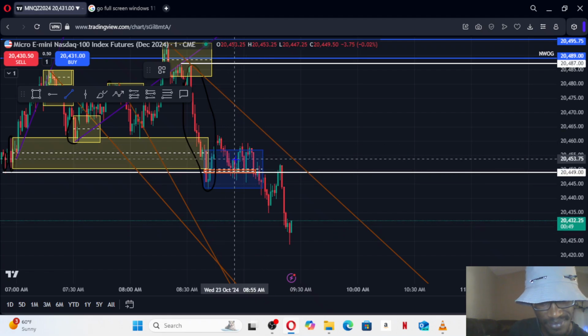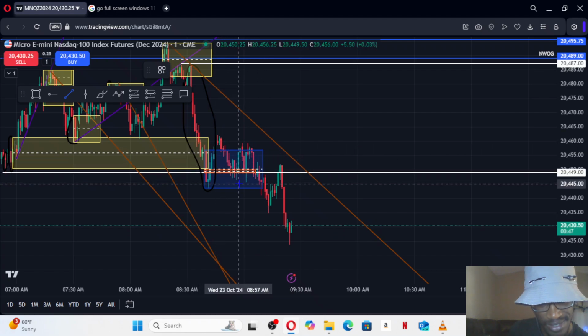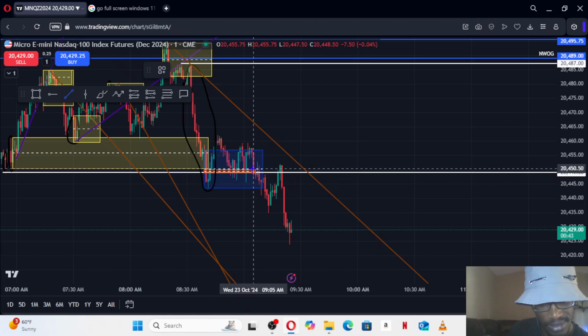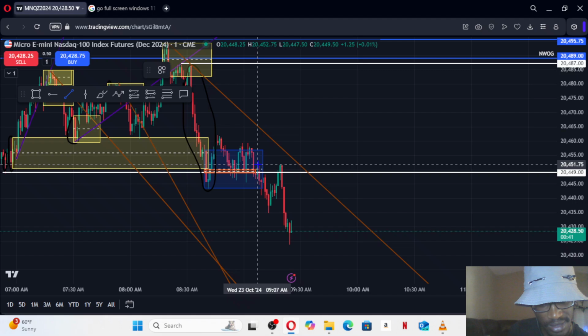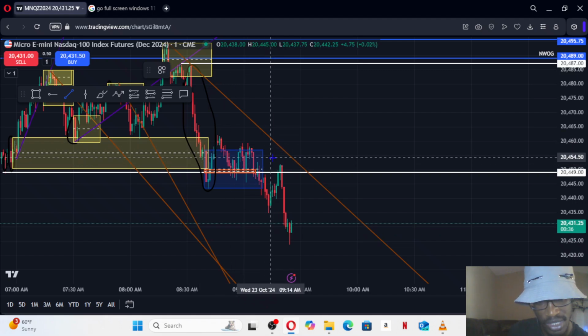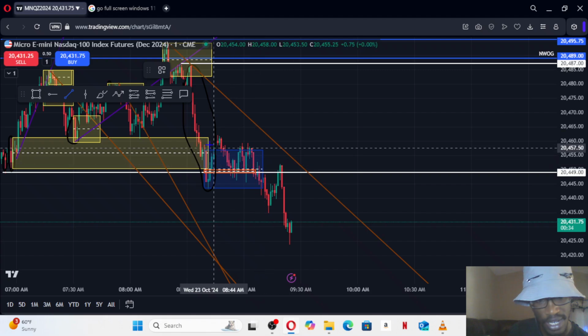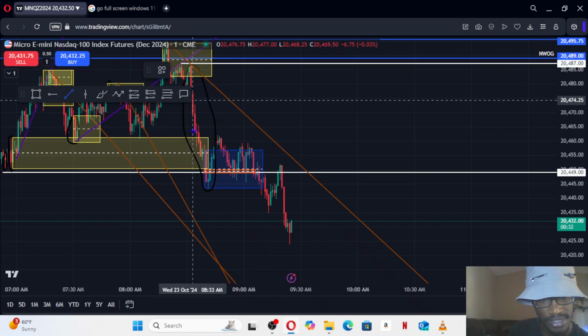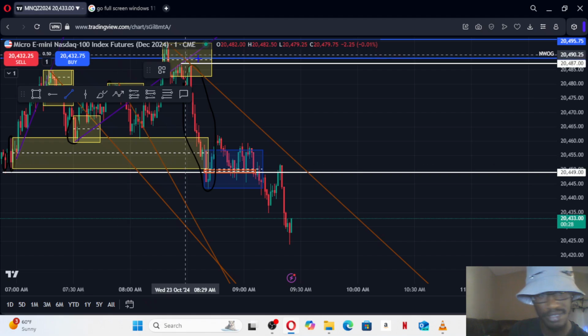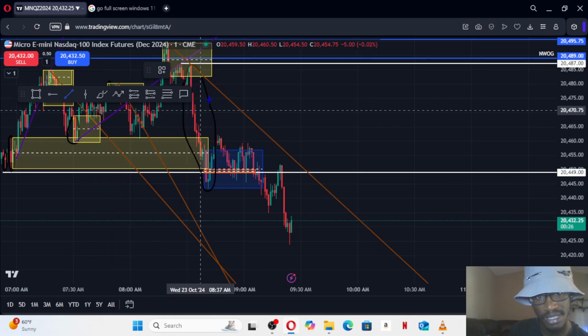Up close, we didn't even get it closed on this candle. We got a wick, so it was for real just building liquidity. We got equal highs here, and we just got nothing here. Well, we did have a little bit down to the left of that.